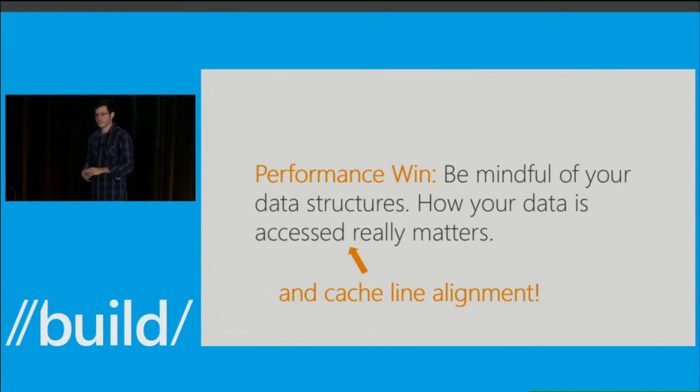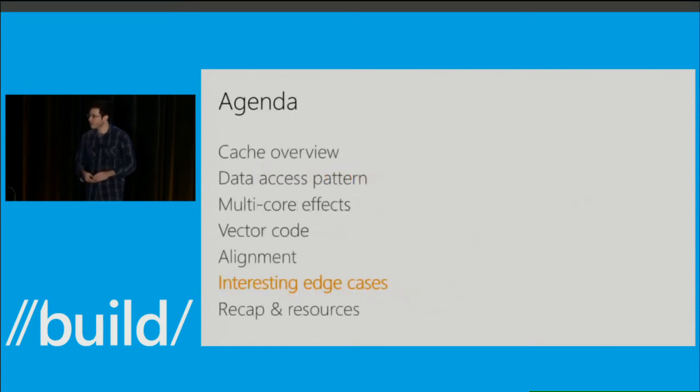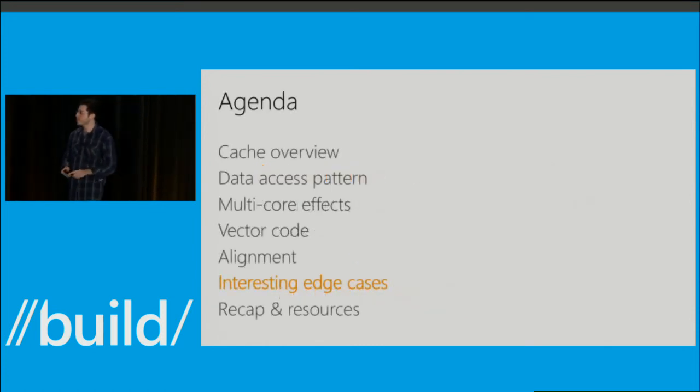Question: are there any tools that can help us tell when we're unaligned or when we're not accessing the cache at the right density? So the question is, are there any tools to help us with cache lines and ways to measure cache line density? There are, and we'll get to them in a little bit. There's tools for most of this stuff.